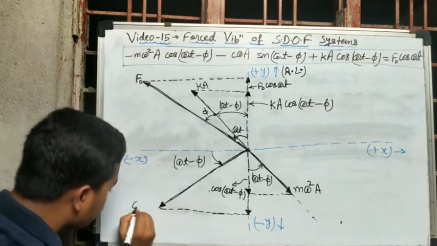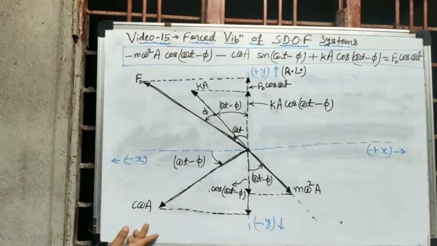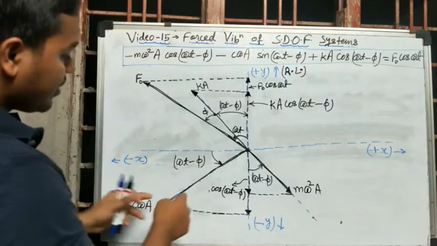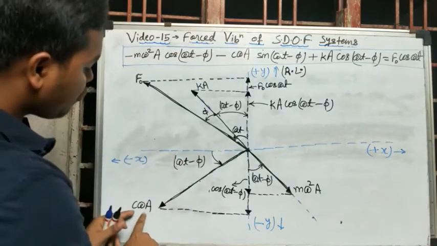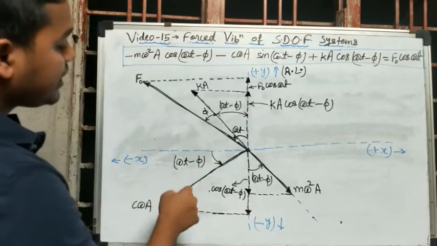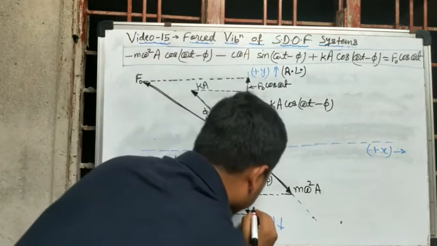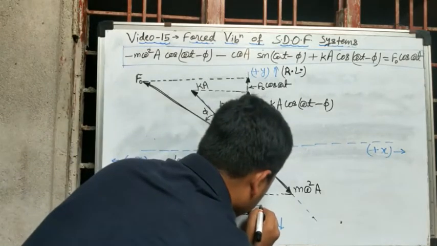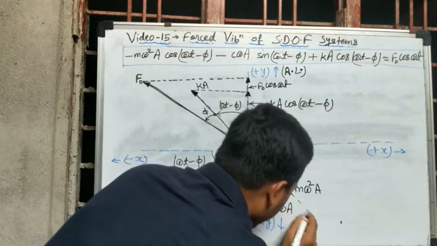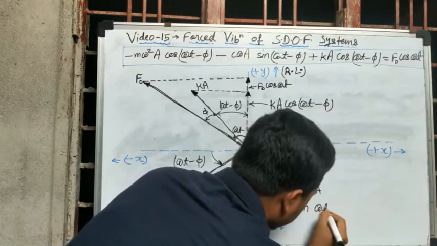I'll assume this force to be c omega a. Now there is a force c omega a which is making an angle of omega t minus phi with the horizontal line. Then its horizontal component will be c omega a cos omega t minus phi, and the vertical component will be c omega a into sin omega t minus phi. So this component of the force is equal to c omega a into sin omega t minus phi.